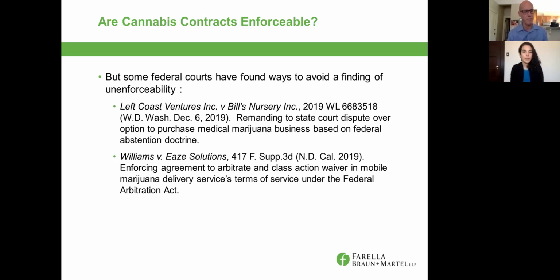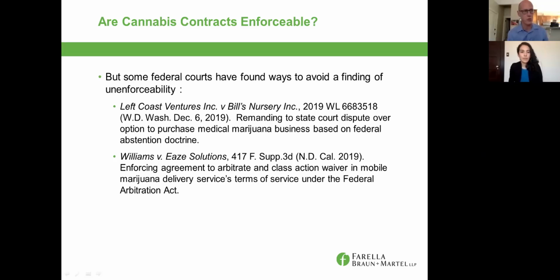In that case, ease made a motion to compel arbitration based on an arbitration clause and class action waiver set forth in the terms of service that the plaintiff, who was simply an ease customer, had agreed to when he signed up for the service. And interestingly, in this case, the plaintiff actually argued in response to the motion to compel arbitration that the terms of service were illegal under federal law.